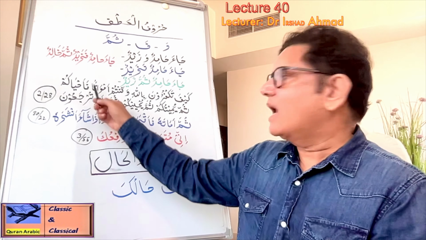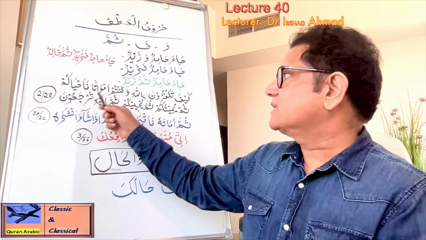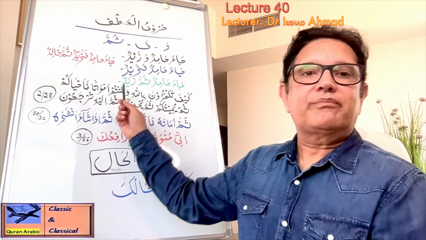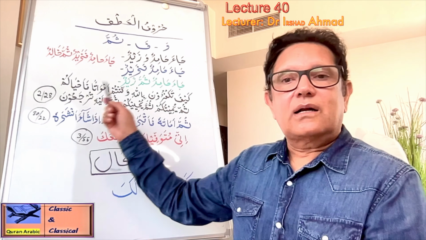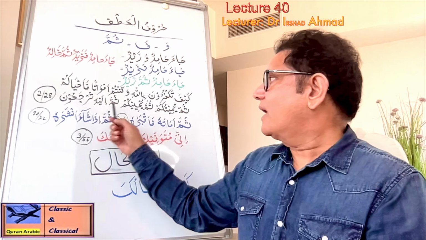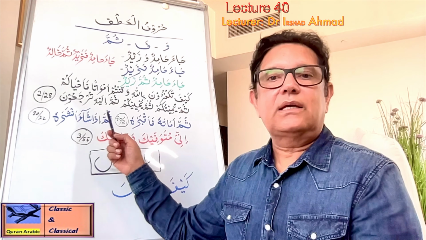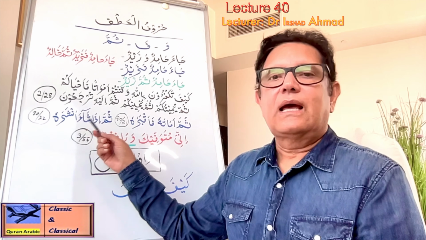So what fa means here, I can imagine that fa has been used because clearly we were not at that time in our time zone, and fa and thumma only apply to our time zone, to our universe.